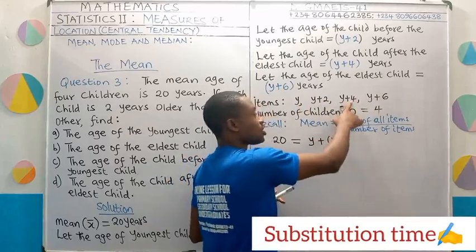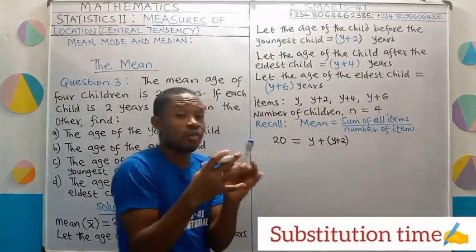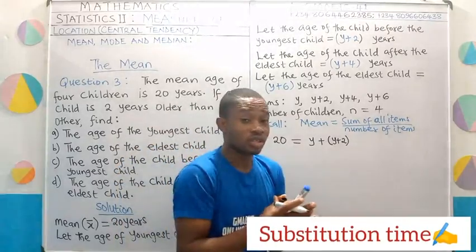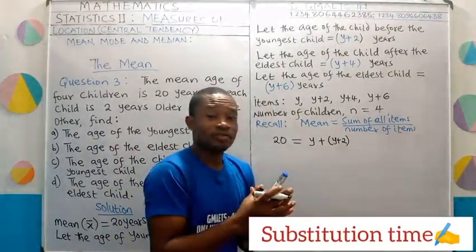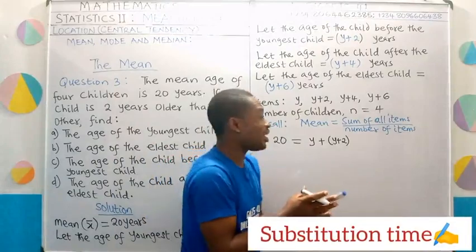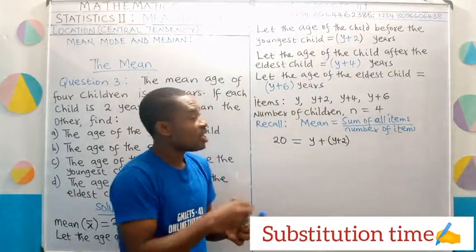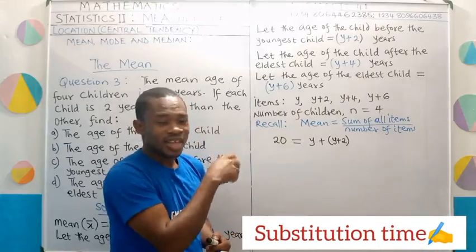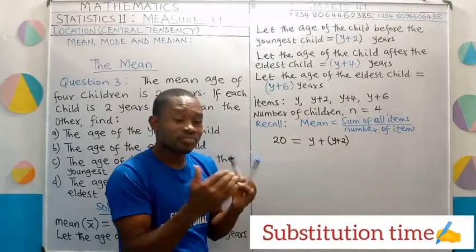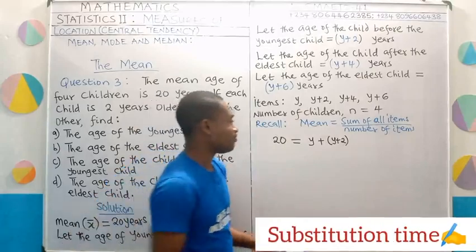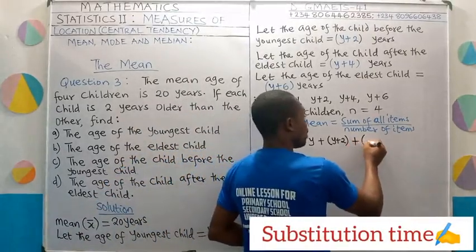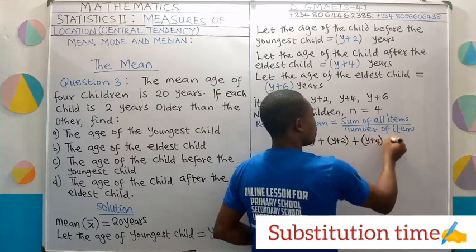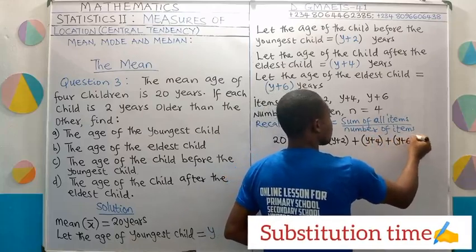Make sure you put these ones in brackets because they have plus combining something. It's for your good. If you don't follow mathematical steps, you might land yourself in trouble sometimes. If we had minus here and you don't respect putting some things in brackets, you may just get into trouble. Alright, so this becomes plus y plus 4 plus y plus 6.